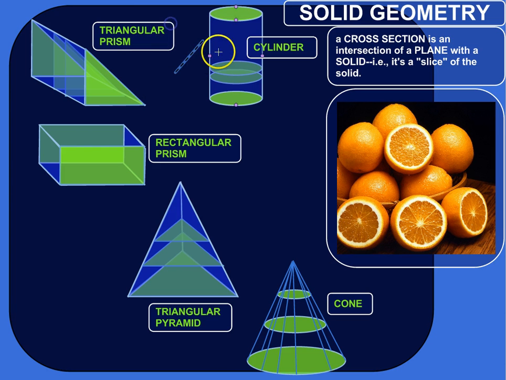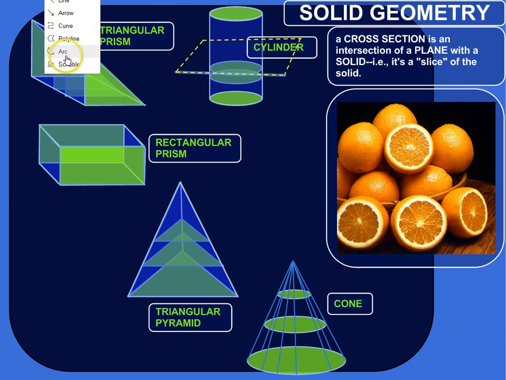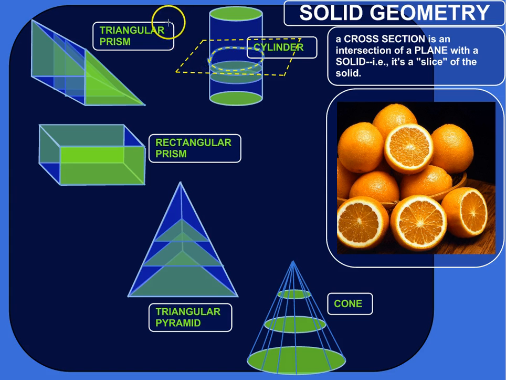Say I slice it like this, like that. What would I get? I would get a circle.